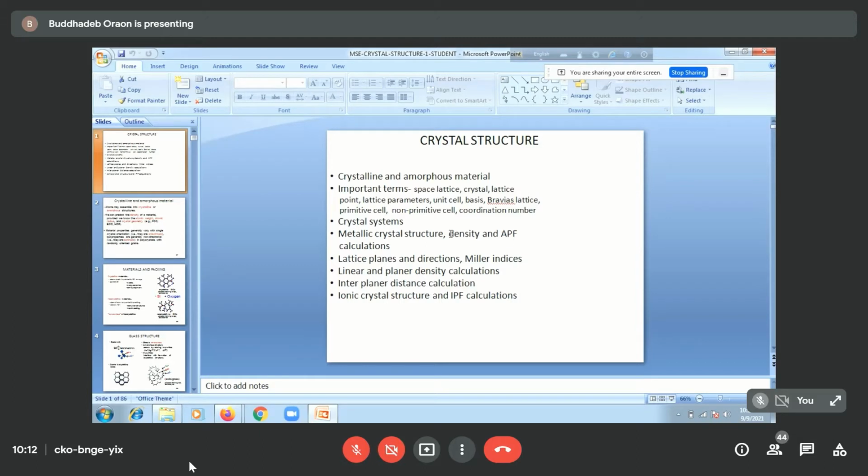There are devices for material characterization which will tell you the material structure, and thereby you can know the properties of the material.